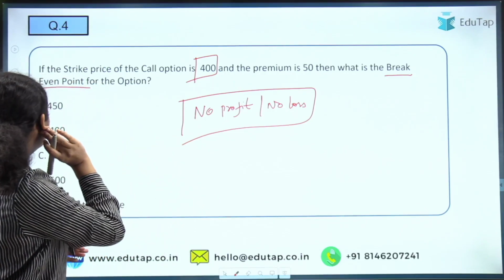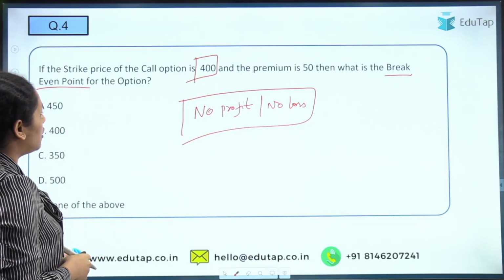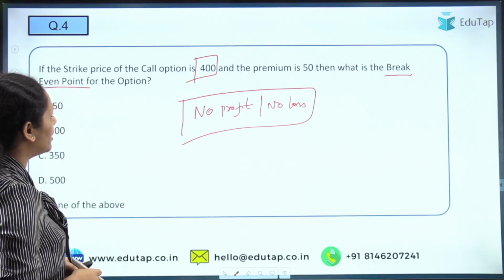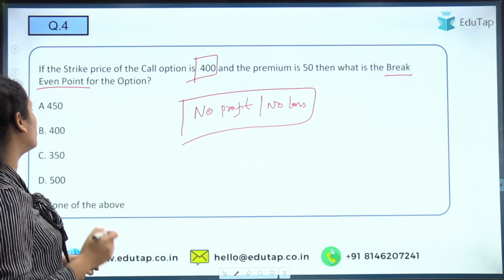So the call option, which means at what point would the buyer of the call option break even.